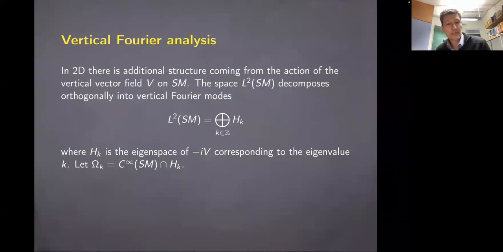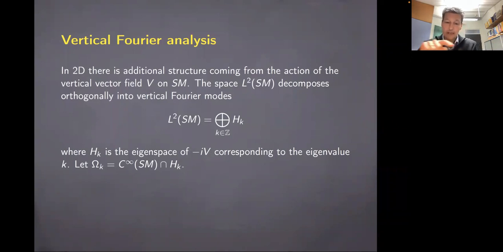One way in which things are special is that I can do some very nice Fourier analysis on the fibers. If you think about dimension 2, the unit tangent bundle is a circle bundle of the surface. At each point, I have a circle, and I'm working with a surface that is orientable, and that's the only case that I'm going to be looking at.